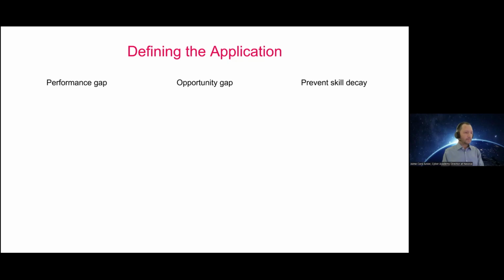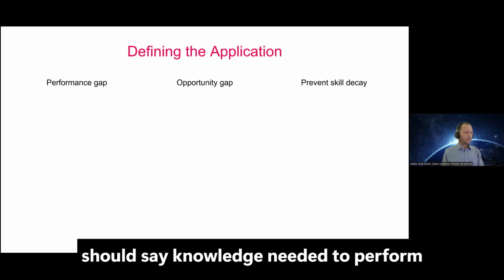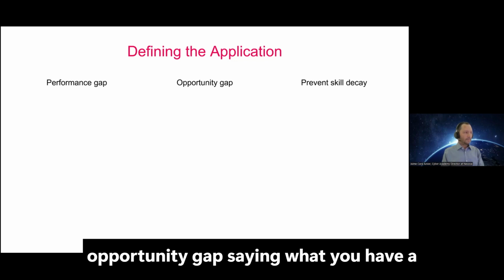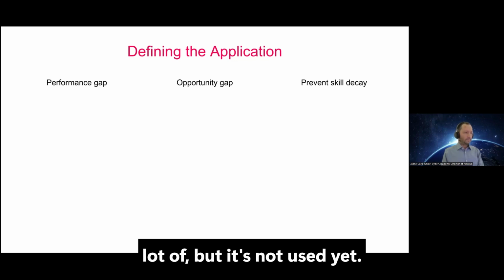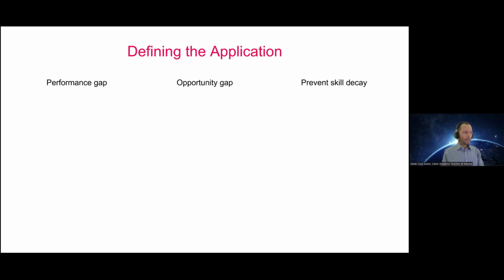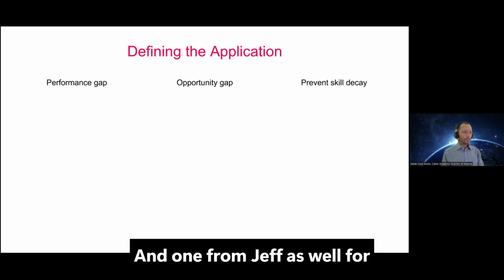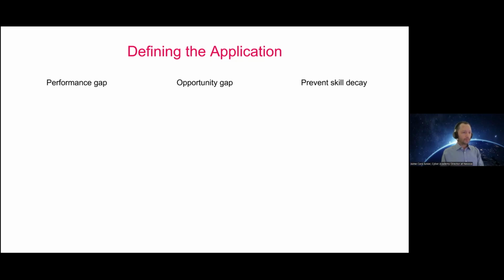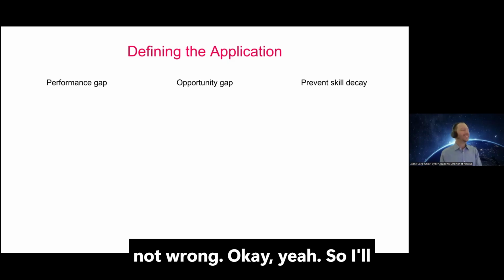And another one said knowledge needed to perform better. And there was one for opportunity gap, saying what you have a lot of but is not used yet. And one from Jeff as well for skill decay, saying getting old. Well, he's not wrong. Okay, yeah.